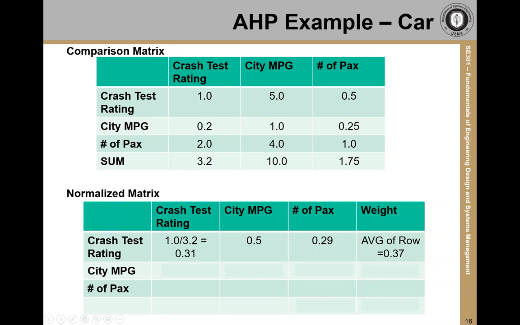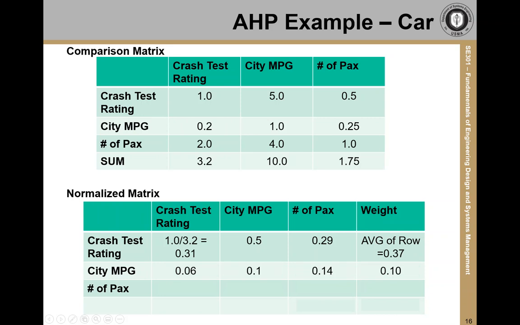I would do the same across, so 5.0 divided by 10.0 gives me 0.5, and then 0.5 divided by 1.75 gives me a 0.29. So that's how I'd build out that first row for crash test rating. And then I take the average of all three and get 0.37. So that is my normalized weight for crash test rating.